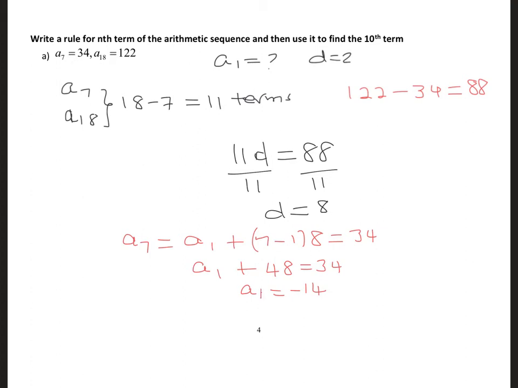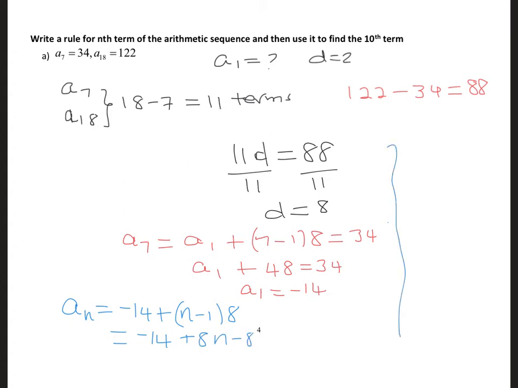So now the formula is going to be the nth term is equal to -14 plus n minus 1 times 8. And we can simplify that to -14 plus 8n minus 8.